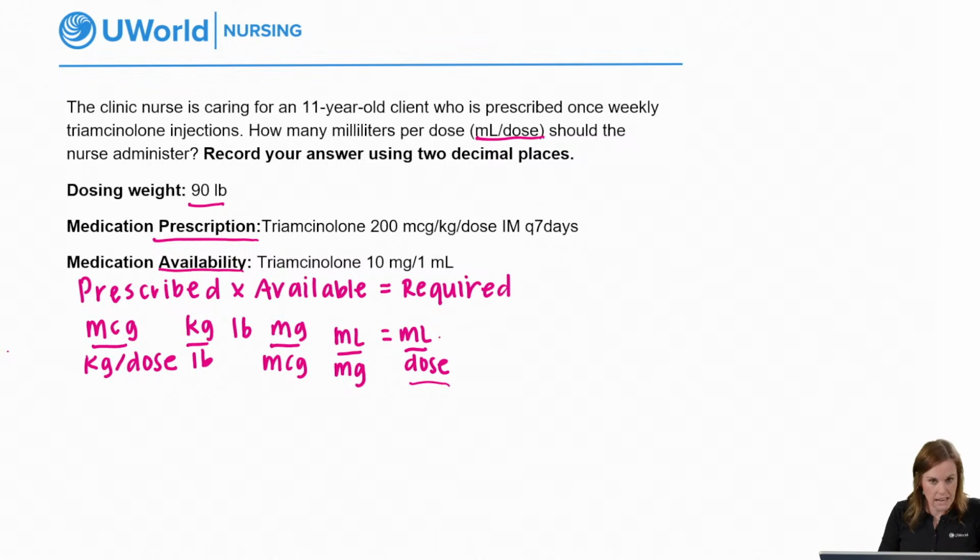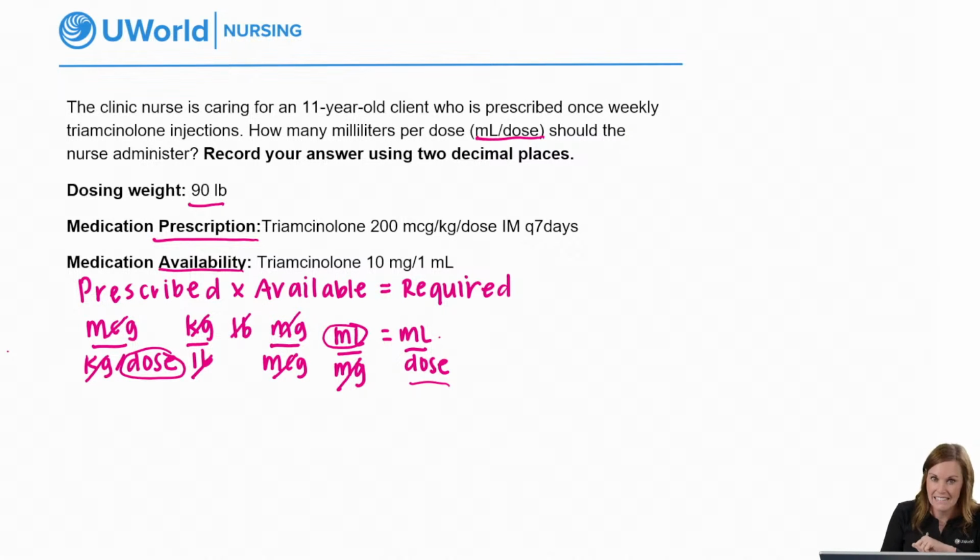Okay, so now looking at this, let's go through and do our nice, exciting, fun cleanup and make sure that what we have left in our equation is what we're looking for, our required answer. Okay, so we have kilograms. So this is a weight-based calculation. We have crossed out kilograms, we have crossed out pounds. Let's see, we have micrograms, micrograms, milligrams, milligrams, and look how nice and neat this is. We have dose and milliliters, which is going to correlate with what we're looking for in our answer.